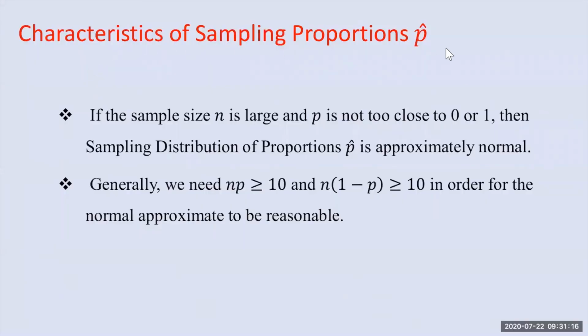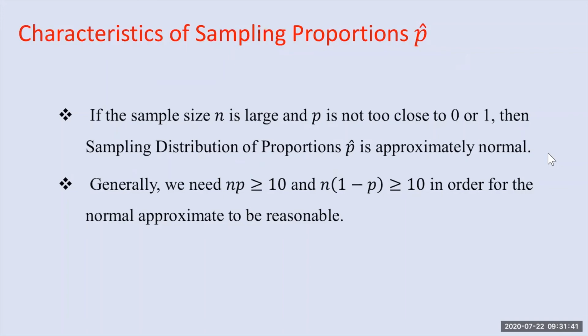Characteristics of the sample proportion P hat. Here we have two important characteristics that you need to know. If the sample size n is large, maybe 100 or maybe 1000, and p is not close to 0 and 1, the sampling distribution of the proportion is approximately normal.